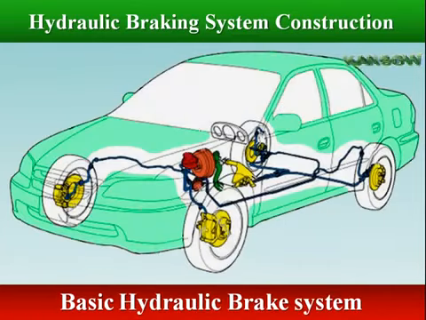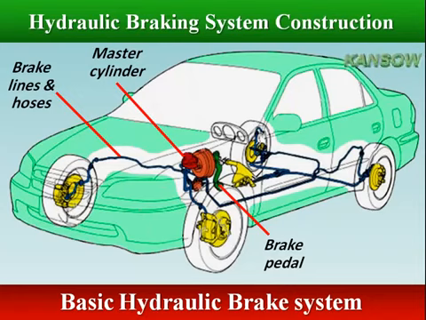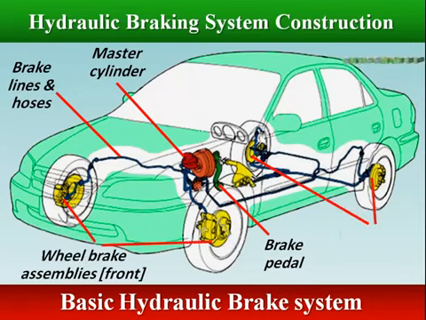A basic braking system has a brake pedal, a master cylinder to provide hydraulic pressure, brake lines and hoses to connect the master cylinder to the wheel brake assemblies, and the wheel brake assemblies, drum or disc, that stop the wheels.